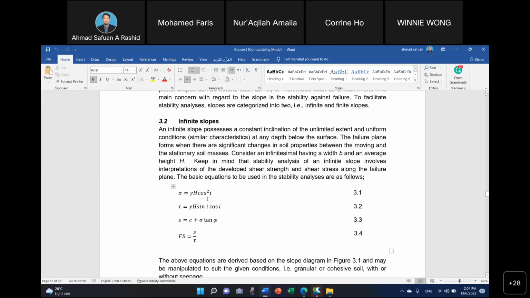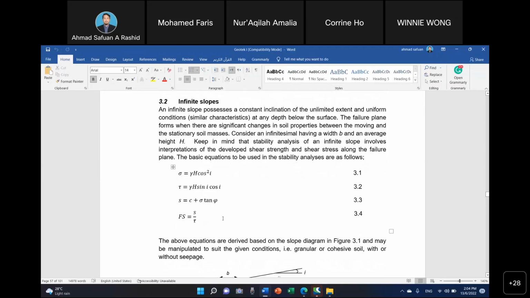So we have here normal stress, then shear stress, and then shear strength. The ratio between the shear strength and the shear stress is the factor of safety.